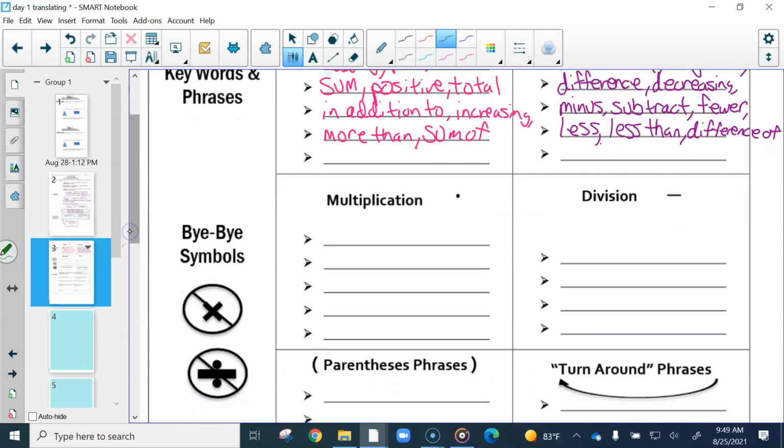Multiplication. What are some words for multiplication? Another can be double. And we'll just put etc. because double, triple, all of those. Multiply, times. Any others?